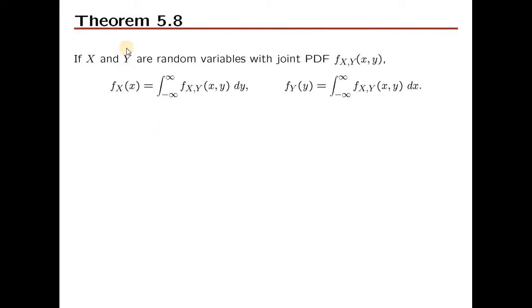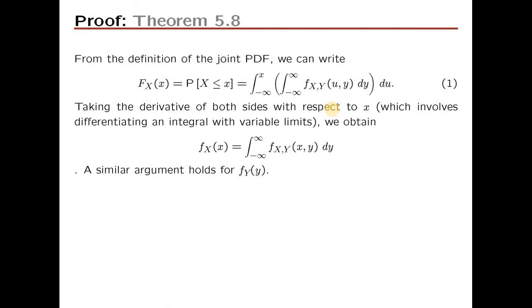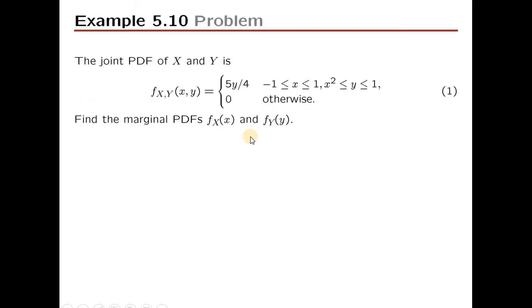So for x we do integration with respect to y, for y we do it with respect to x. The proof is very simple. We just plug in the formula and apply the probability definition for the PDF, so we can easily prove this theorem.